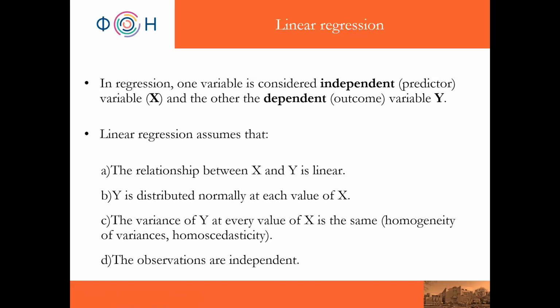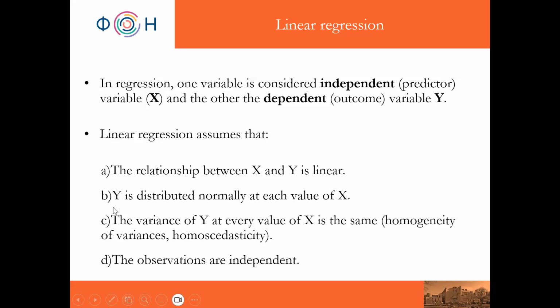If the relationship is linear, it's okay. We can continue and see if we can apply linear regression. If we see that the relationship is not linear, it's curvilinear, then we turn to other regression and modeling approaches.